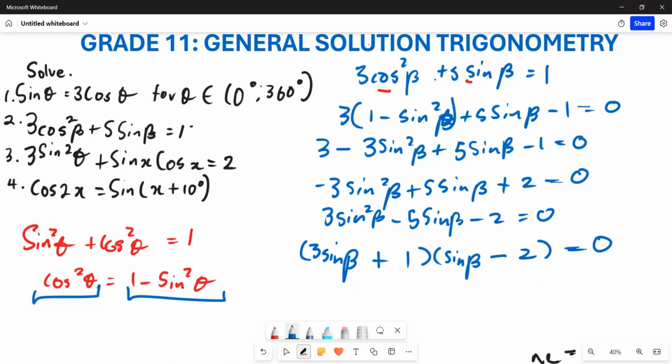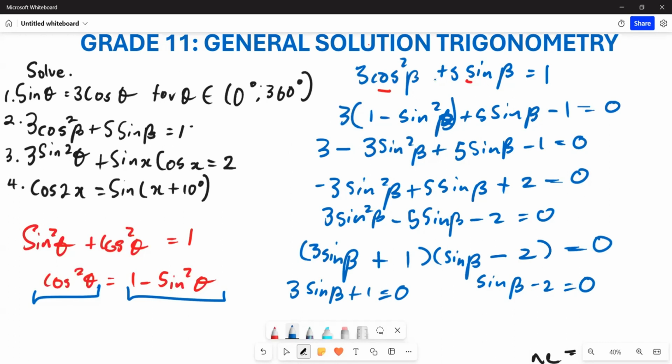Then you'd know that this is 3 sine of beta plus 1 is equal to 0, or sine of beta subtract 2 is equal to 0. From here, you can find the solution for both values of sine of beta.